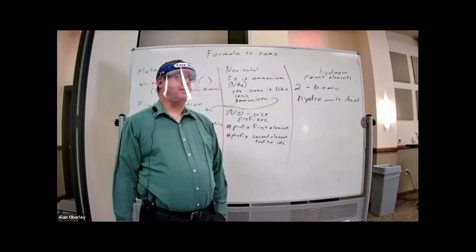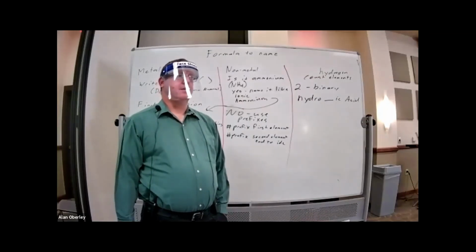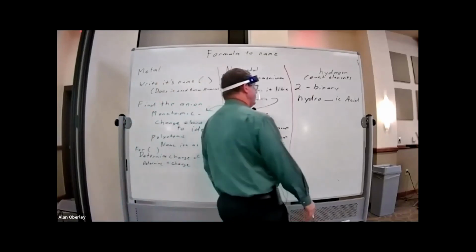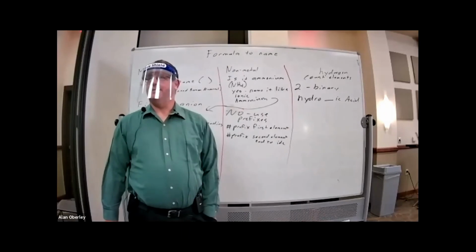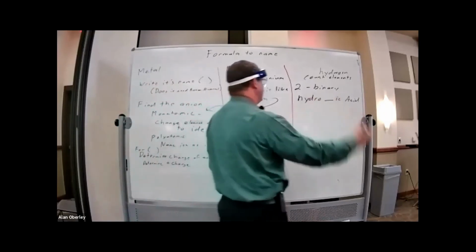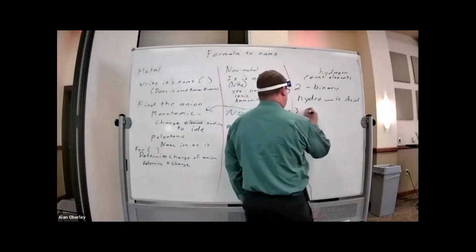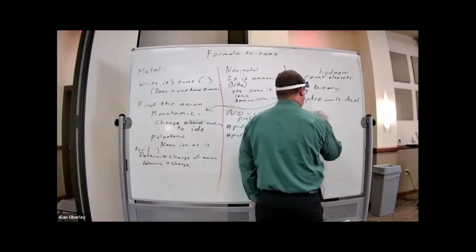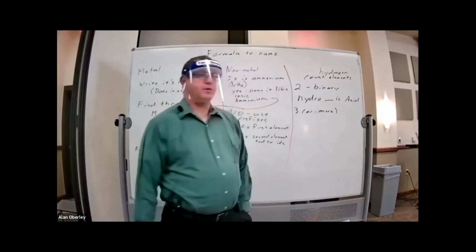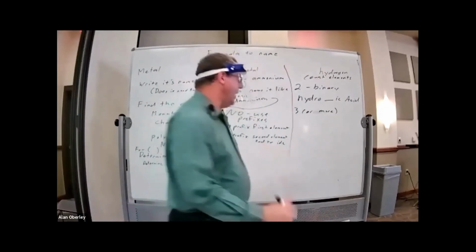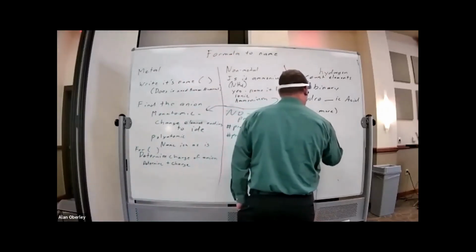Very simple. Again, I didn't say it's easy. I just said it's simple. Hydro, whatever, ic acid. If it's three or more, we say this is an oxy or ternary acid. What we're looking at is an H and a polyatomic ion.